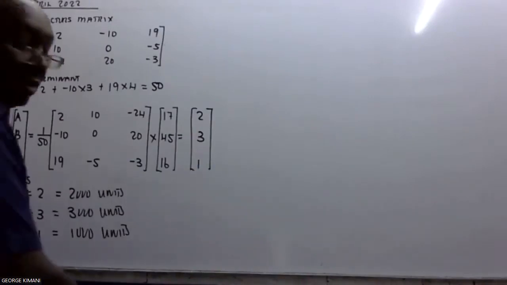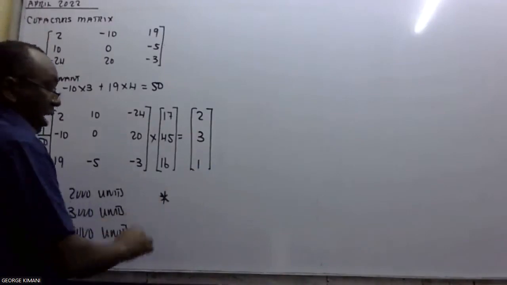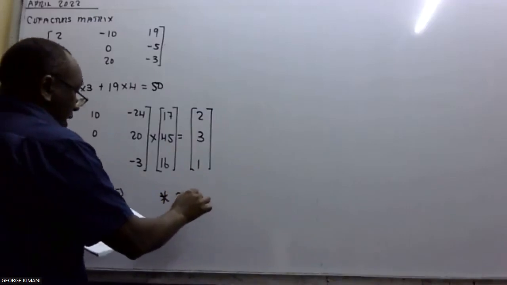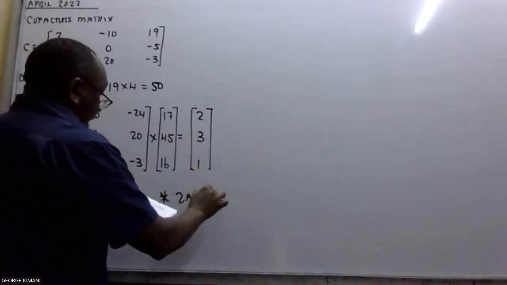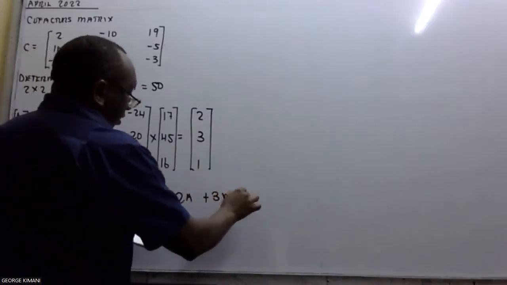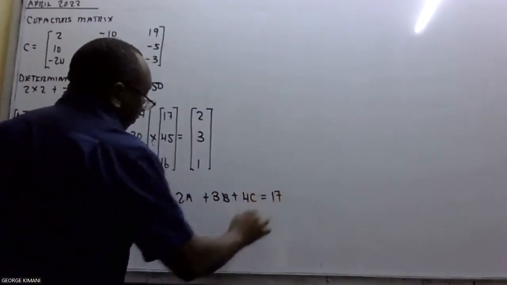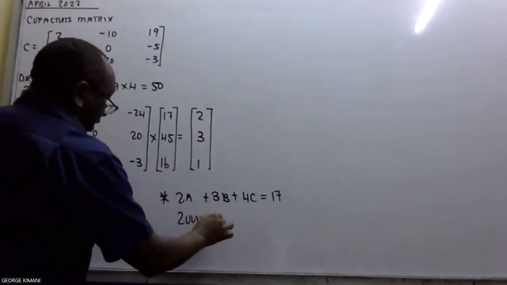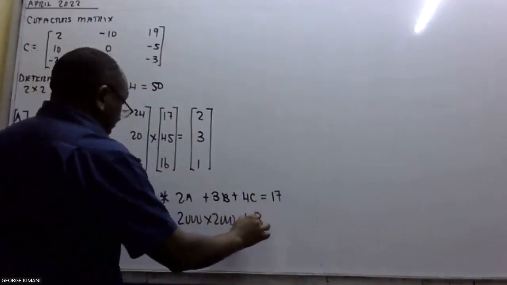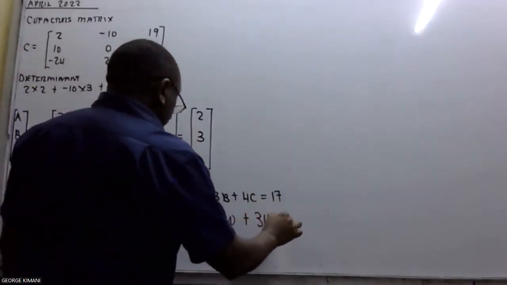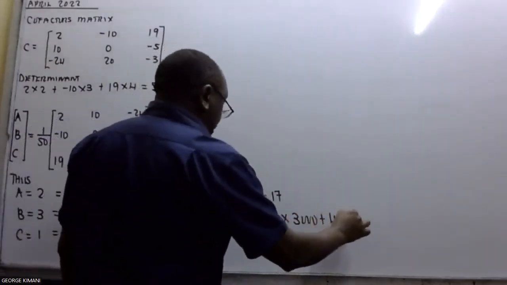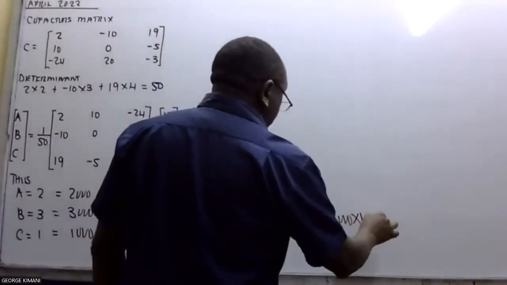And you can now confirm, like if you look at the equation 1 that we used, which we said was 2A plus 3B plus 4C was 17. If you were to put them back now as 2,000 times 2,000 here plus 3,000 times 3,000 plus 4,000 times 1,000.